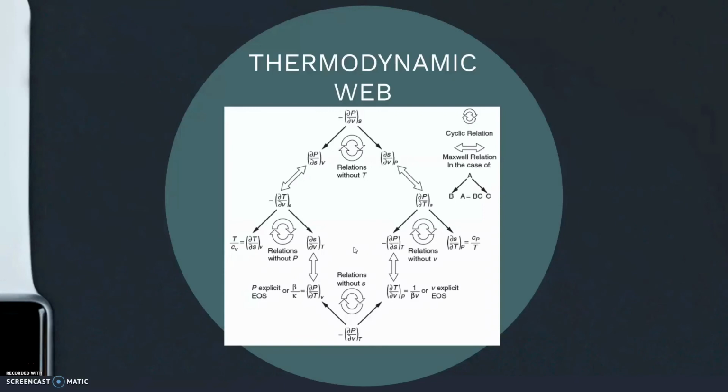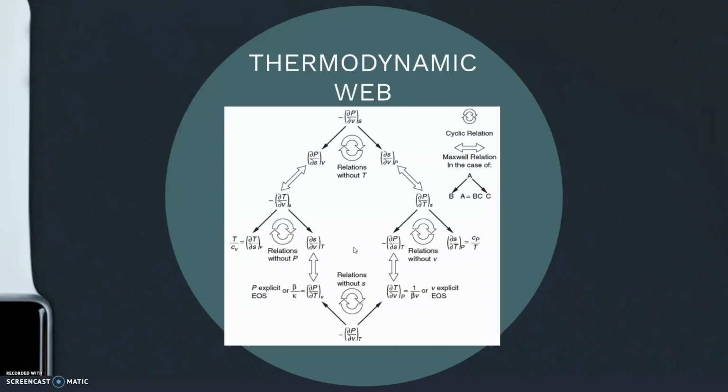Moving on to the right from the top, negative dP over dV at constant S equals dS over dV at constant P, and the Maxwell relation in the case of dP over dT at constant S, and there will be separations.